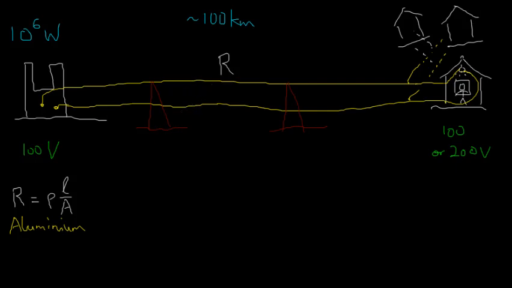Let's say that the cross-sectional area, call that A, is about 10 cm squared.